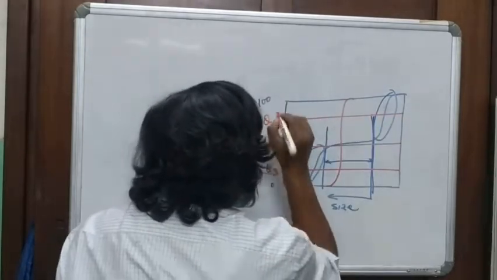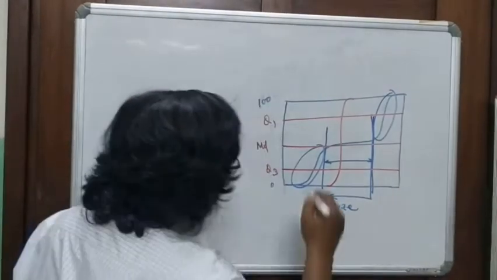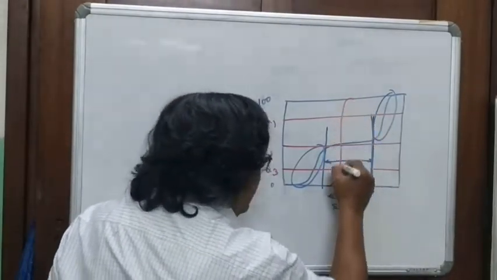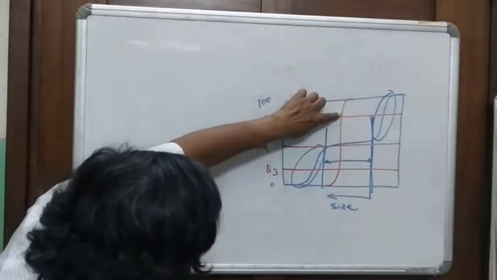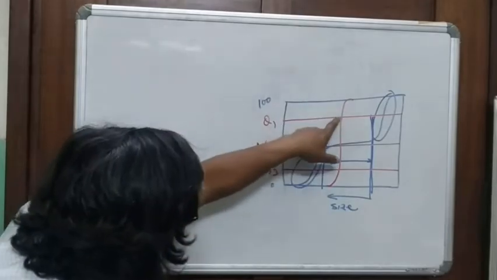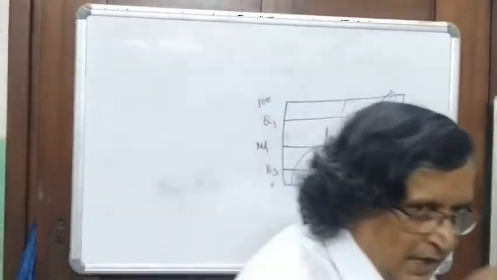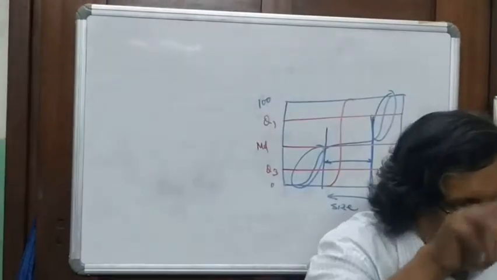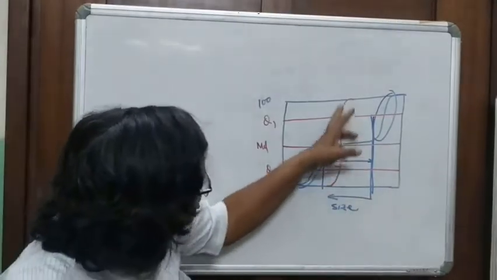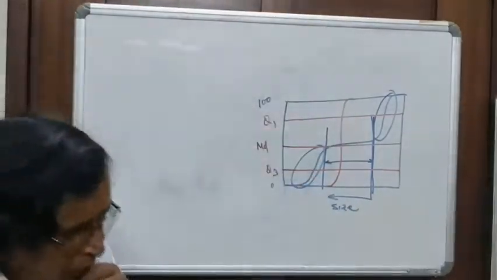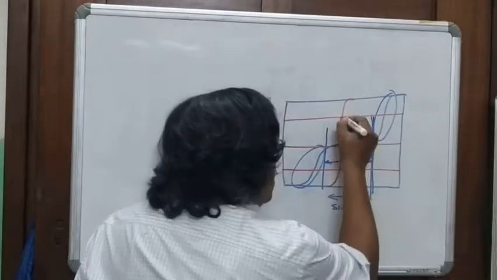Now you can see here already, in the red graph, which has a steep slope, the values of Q1 and Q3 are the same. So what is happening? The sorting parameter, which is root over Q3 by Q1, is equal to 1. So it's a very well sorted sediment.